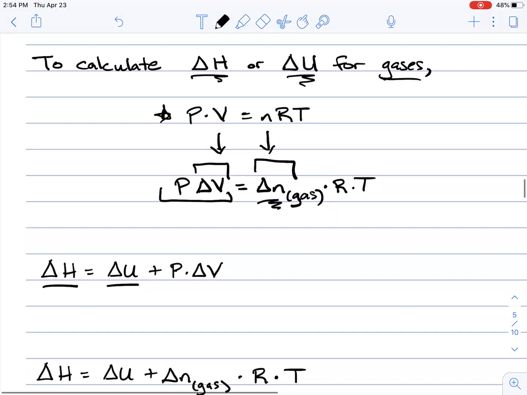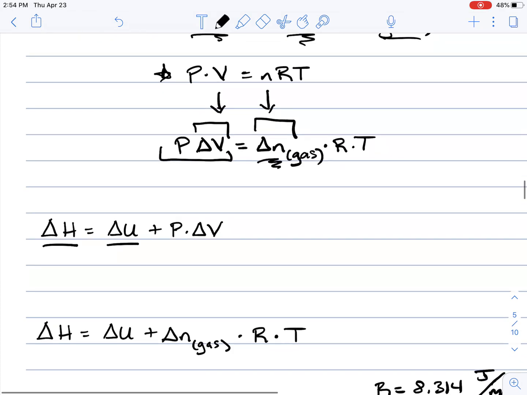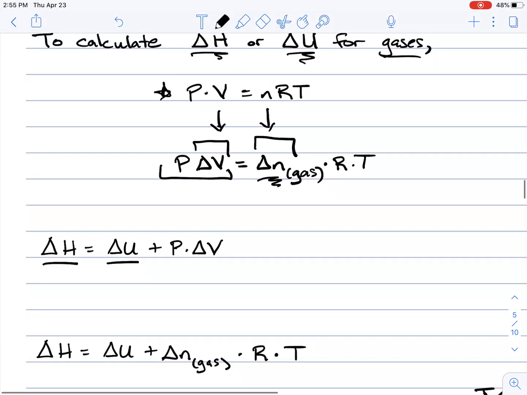We're simply substituting terms so that we get an overall equation that relates the change in enthalpy and the change in internal energy to the number of moles of gas, the gas constant R, and of course temperature.